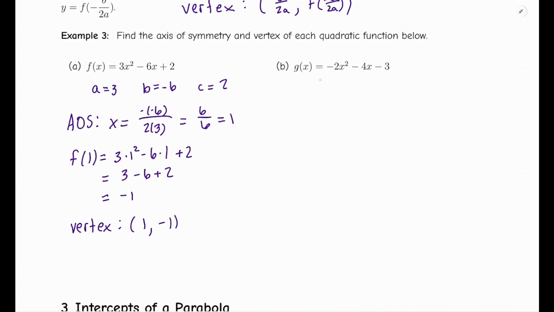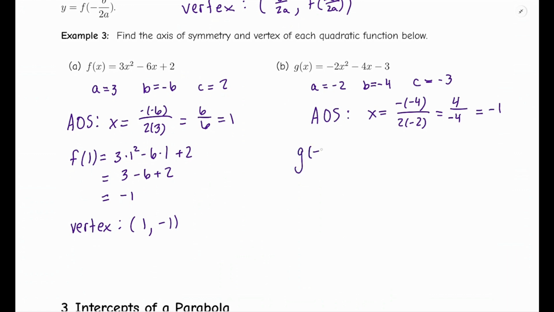Part B. Well, a is -2, b is -4, and c is -3. So our axis of symmetry is x equals -4 over 2 times -2, which is 4 over -4, or -1. Then to find the vertex, I need to plug that into the function.